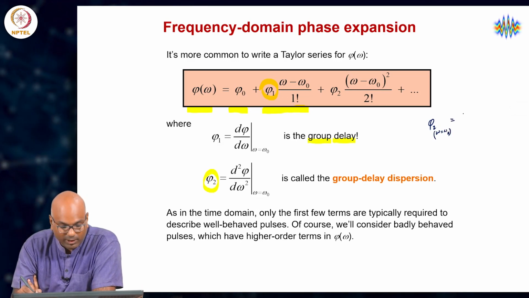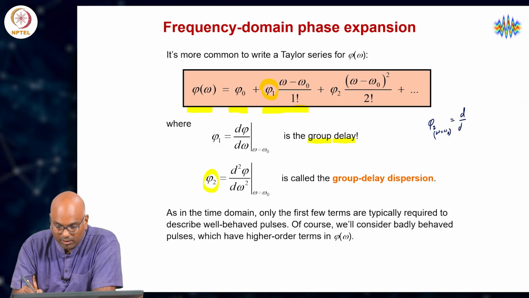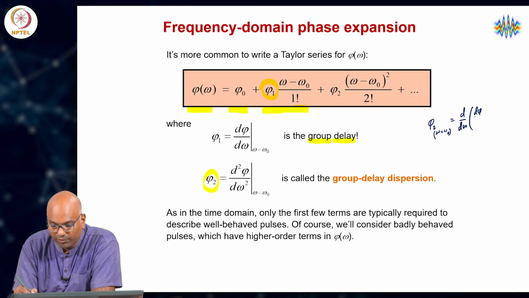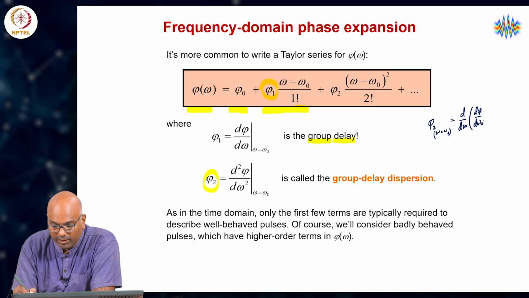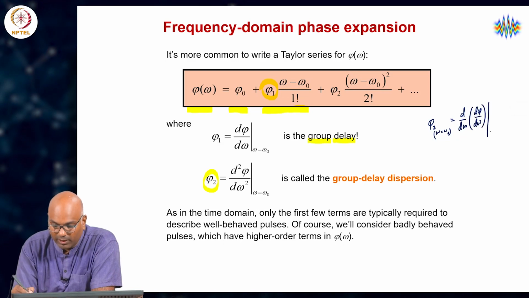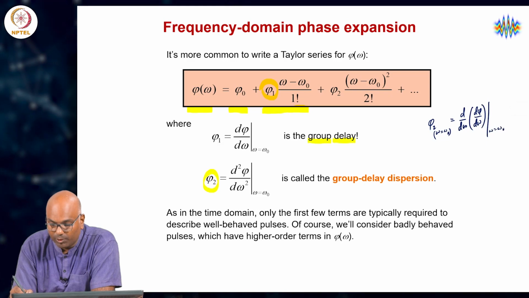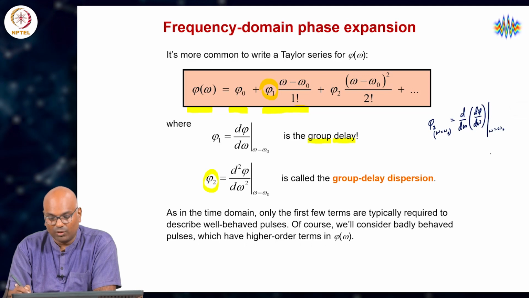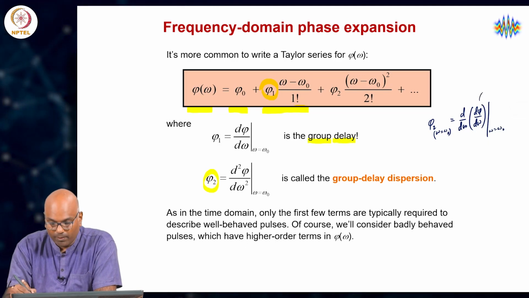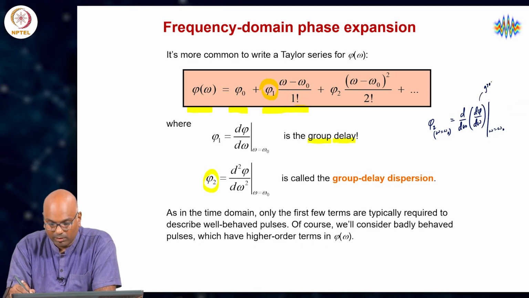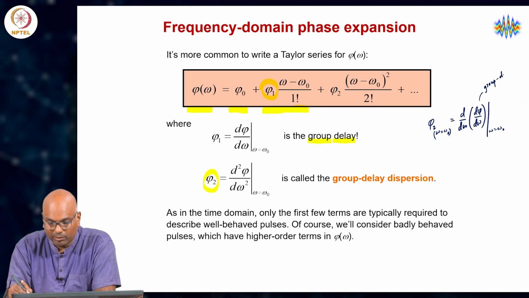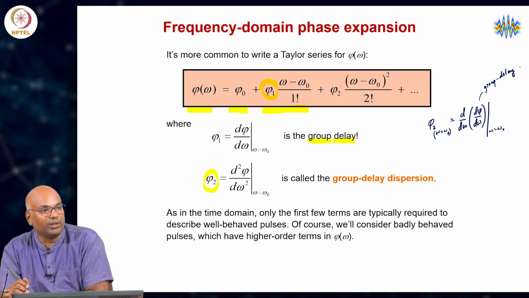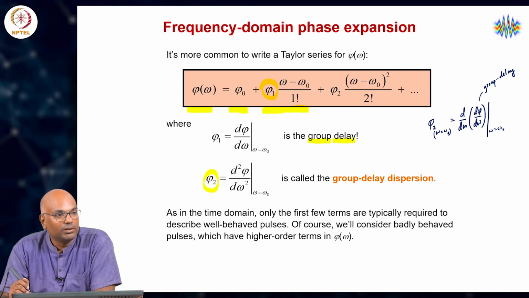This is nothing but the derivative of d phi by d omega, the entire thing computed at omega equal to omega naught. So, it is the rate of change of d phi by d omega, or group delay in the frequency or wavelength domain, right.